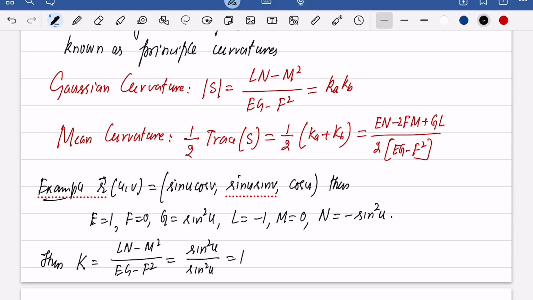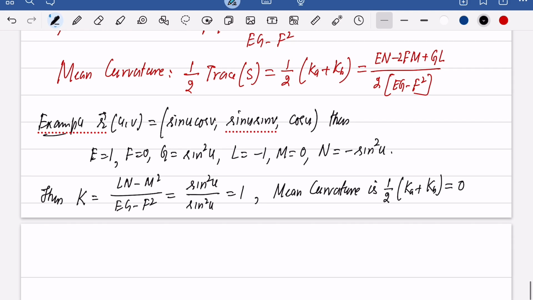Therefore, for the unit sphere, the Gaussian curvature is equal to 1. And similarly, the mean curvature, which we write as 1 divided by 2 Ka plus Kb, is equal to 0 in this case.